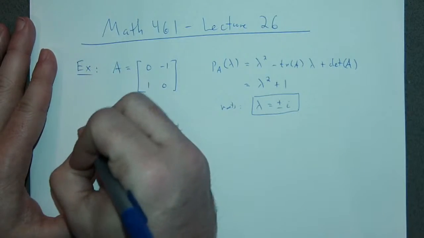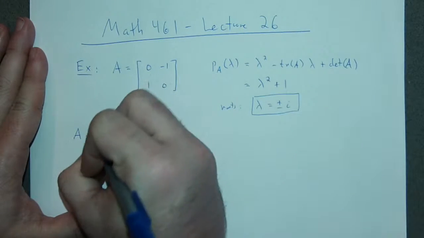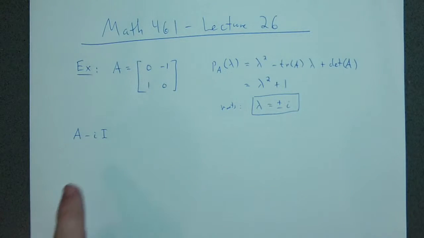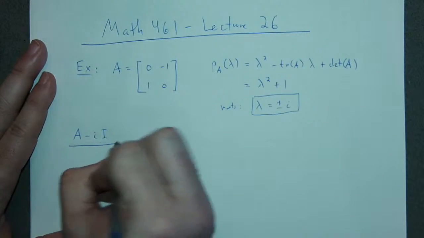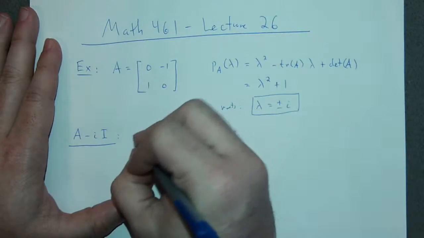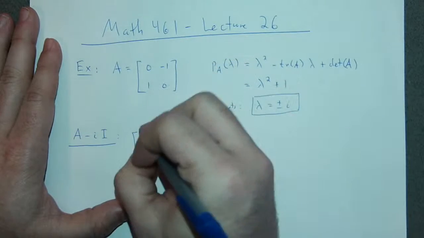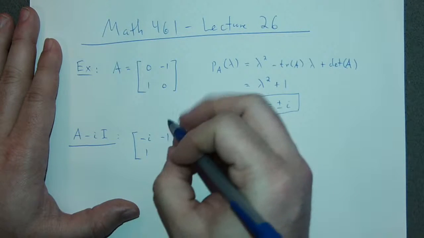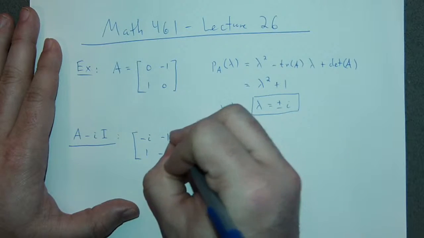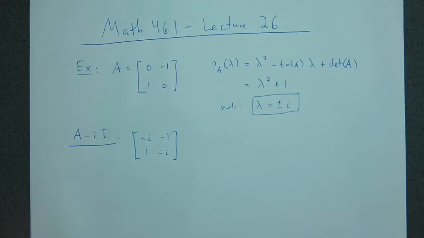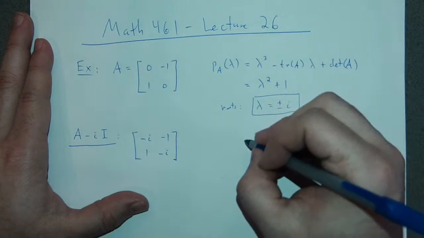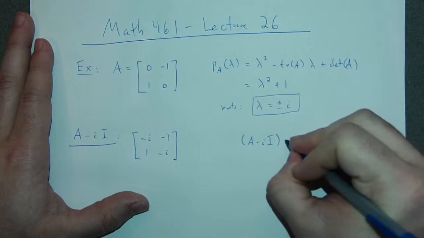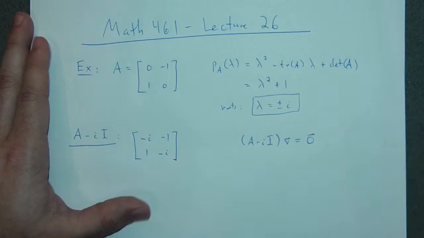Let's look at A minus i times the identity. If I look at this, what do I get? I get minus i, minus 1, 1, minus i. Then I want to look at the equation A minus i I times some vector v is equal to the zero vector.